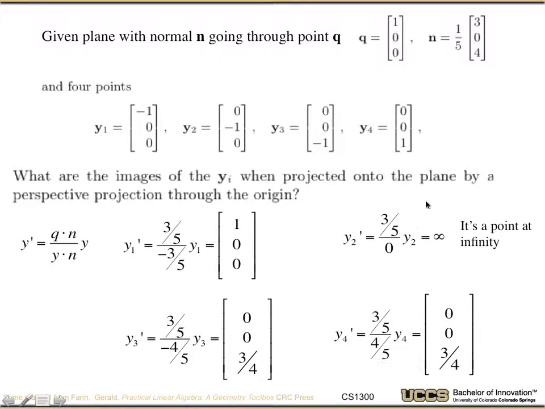For y4, when I dot this one, I get 4/5, so I get the point 0, 0, 3/4. Notice these 2 points are exactly the same, even though y3 and y4 are different. That's true for all perspective projections. There's infinitely many points that project onto the same point. So there's always some maps that are overlapping.